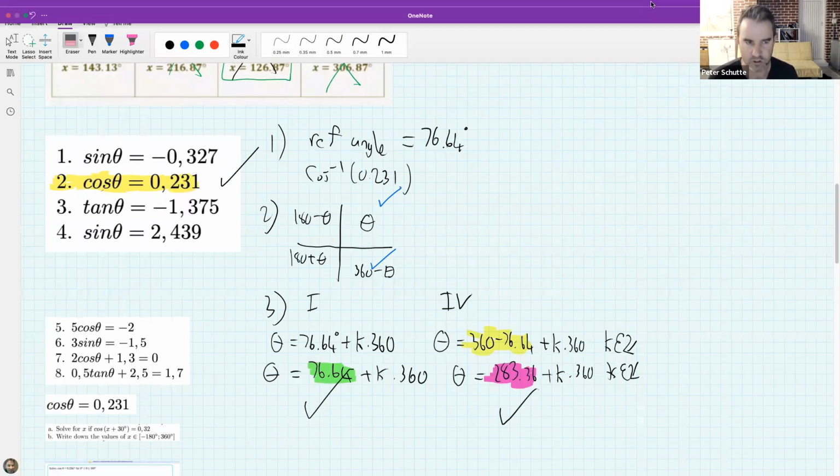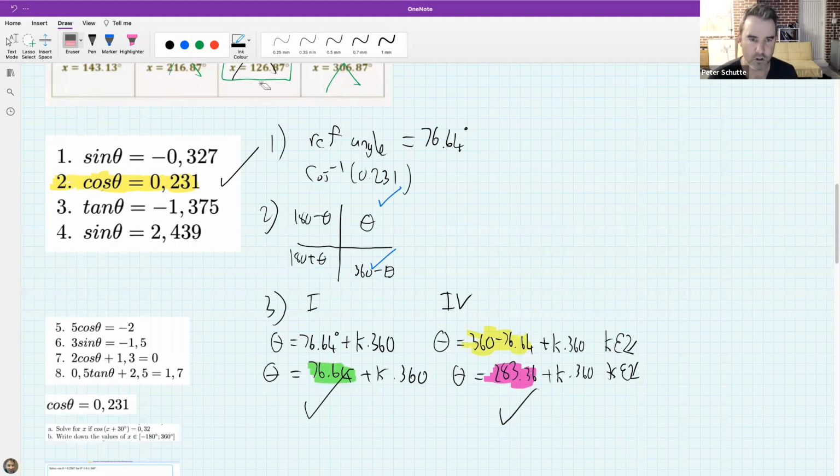But what I really want to focus on for today is this three-step process. Step one is to take the trig equation and ask yourself, ignore the negatives and find a reference angle. So that's step one. Step two is to ask yourself, which quadrants is this trig ratio positive or negative? And then step three is to write the answers like this.